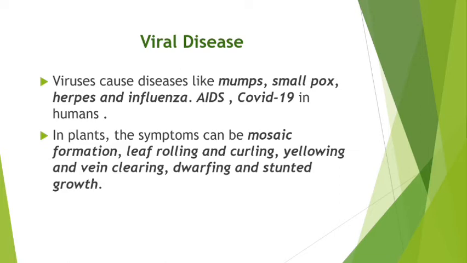In plants the symptoms can be mosaic formation. We have seen in tobacco leaves how the mosaic formation takes place. Then leaf rolling and curling. Sometimes due to virus infection the leaf will show rolling, or sometimes you may see curling.